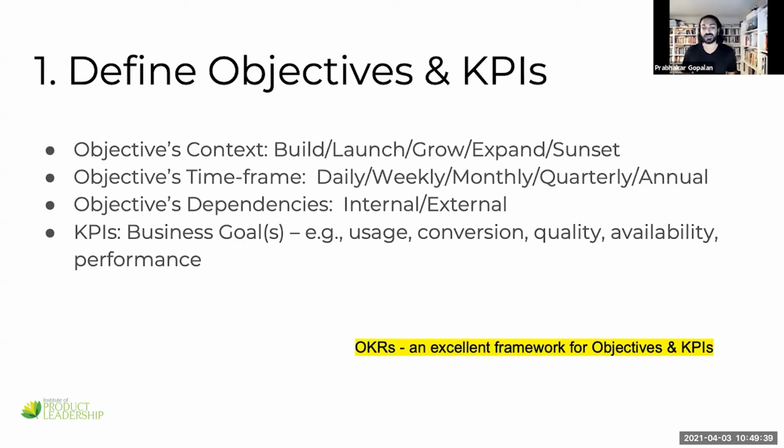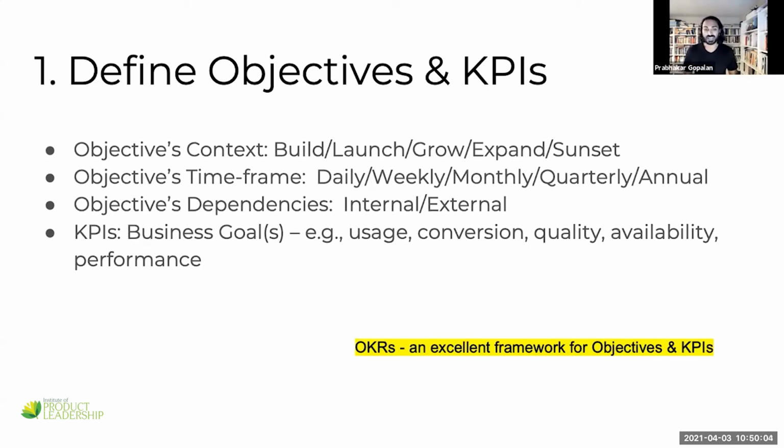What's the time frame in which this objective is going to be executed? What are its dependencies, internal, external? And is this objective an aspirational one, or is this a more operational one, right? Something that people are going to do on a daily basis, or something that is more aspirational? And what is it doing to achieve the business goal?